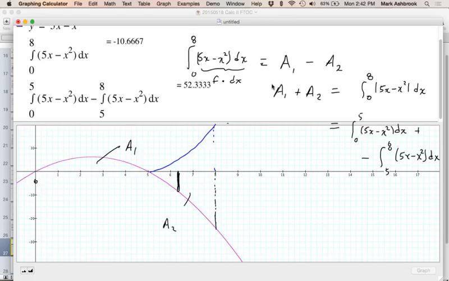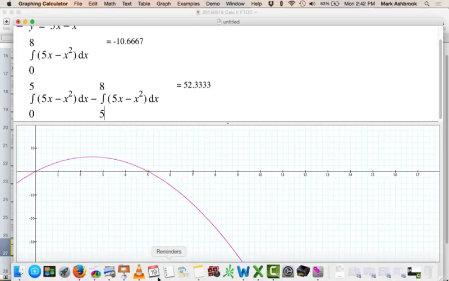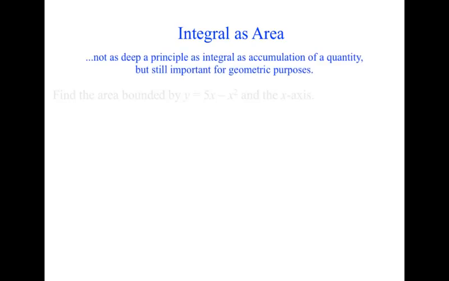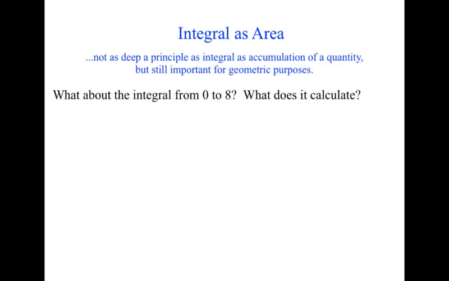Okay, so we said we're talking about integral as area, so now we've refined that, and we want to be more general. Integral is not really area, right? What is it? Rather than saying area, to be more general and correct in all cases, we get what?